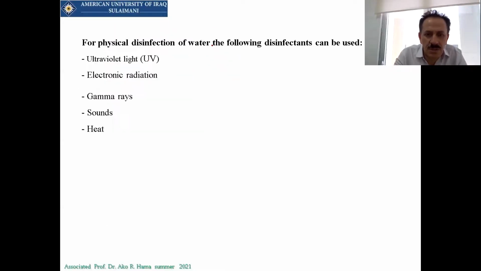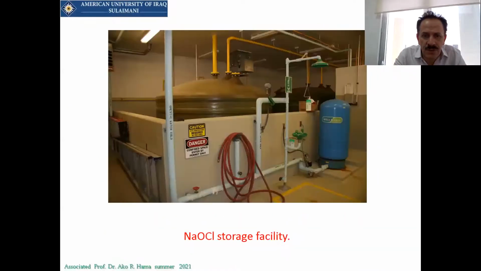So we should dissolve it. Look at this one, dangerous. We will bring the dust and dissolve it in this reactor, and then send the chlorine we will have into the water.